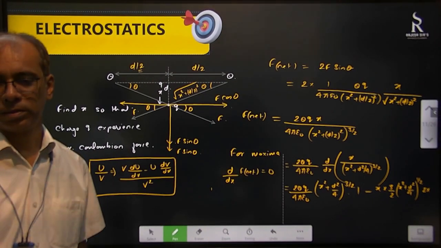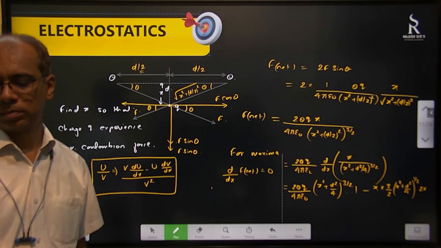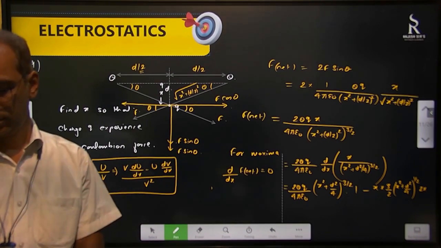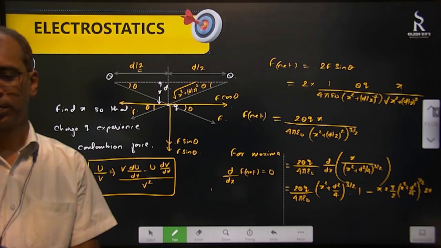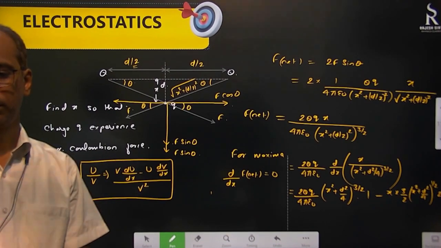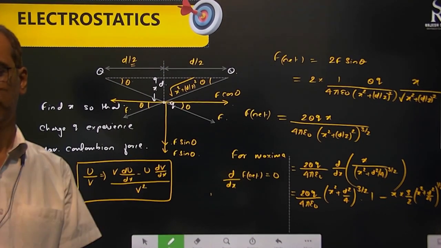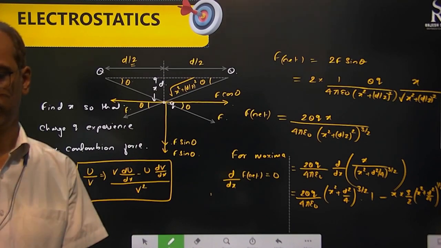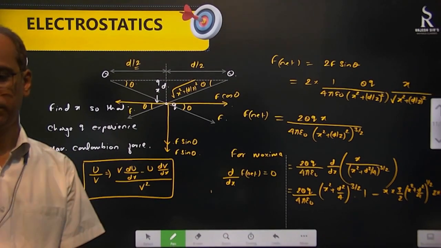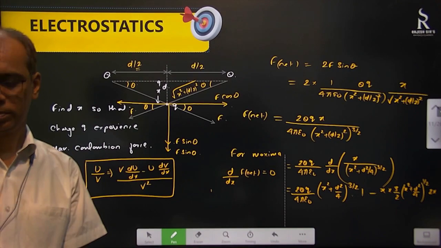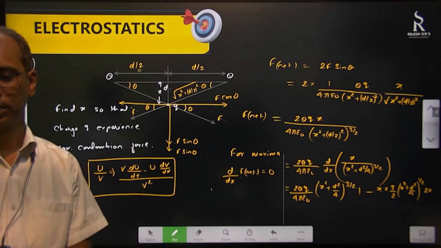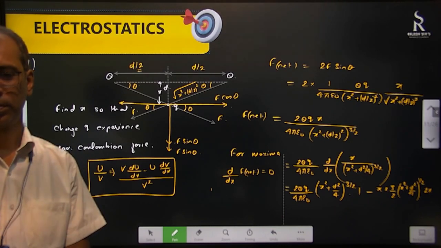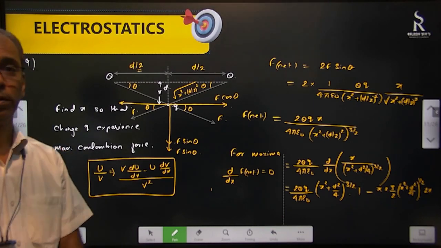Let me check. No, still not clear, no? Left it is clear, right is not clear.